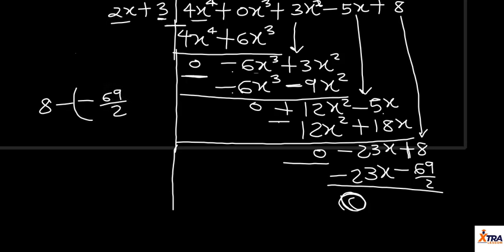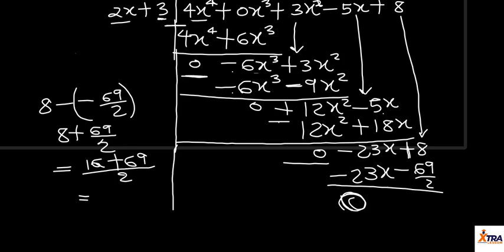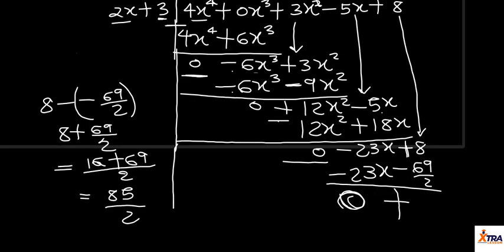This will become 8 plus 69 over 2, which will give us 16 plus 69 over 2, which will ultimately give us 85 over 2. So my remainder here becomes 85 over 2. You should note that your remainder can be a fraction.